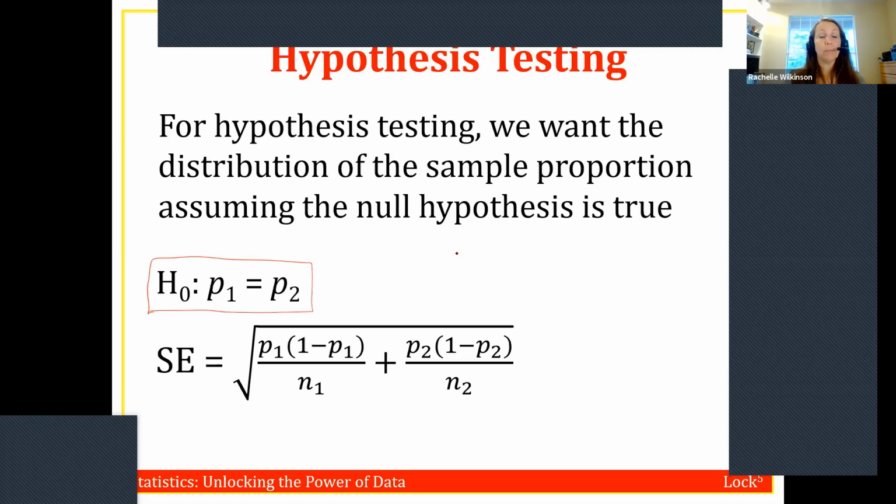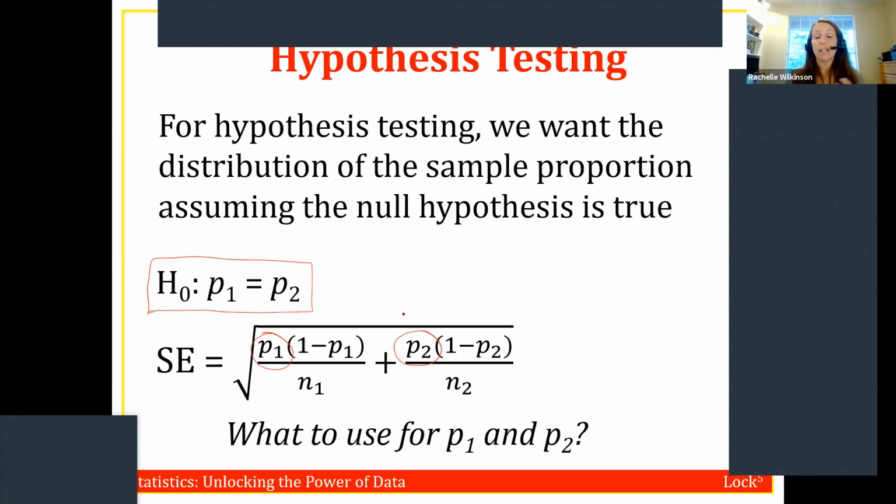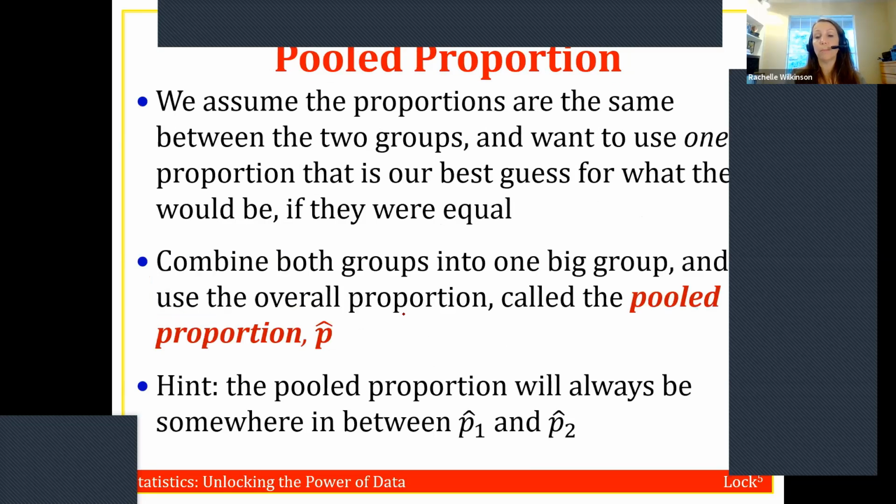So keeping on that idea, if the null hypothesis is true, then we could use the same number for both of these. And the number that we would want to use is what we call a pooled proportion. Essentially we would combine all the data together as if it came from one big sample rather than two separate samples.